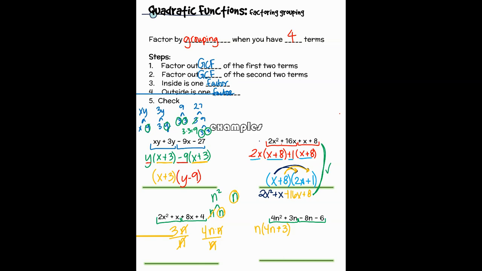Okay. What's our greatest common factor for negative 8n minus 6? Let's look at it. We've got 8. Those factors are 2 and 4, 2 and 2. 6, we've got 2 and 3, and that's it.